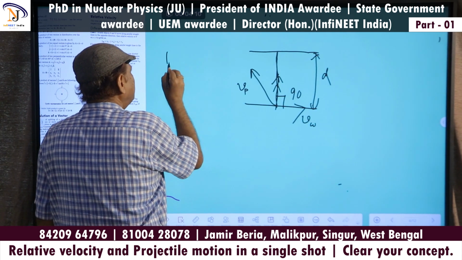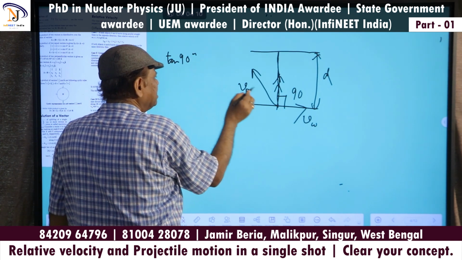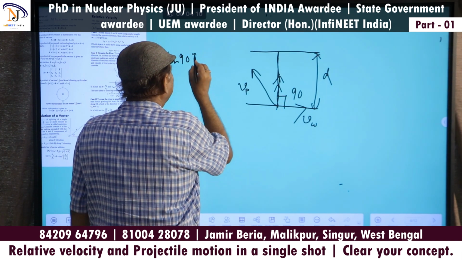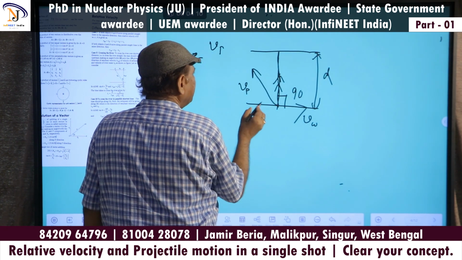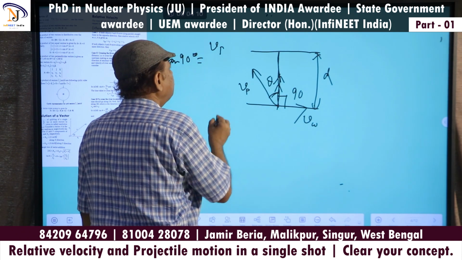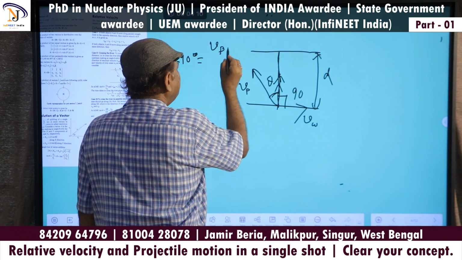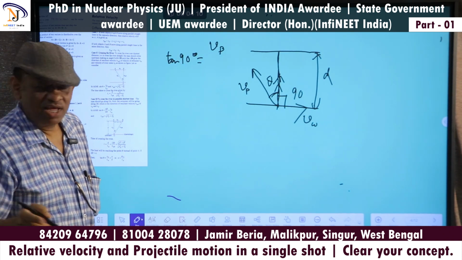Yesterday I told you tan of 90 degrees. This is tan theta. Tan of 90 degrees equals what? If you consider this as theta, then what can you write? Q sine alpha over P plus Q cos alpha, isn't it the formula?